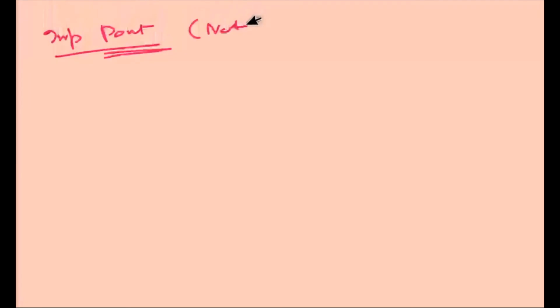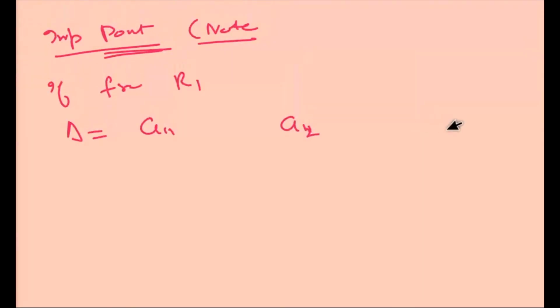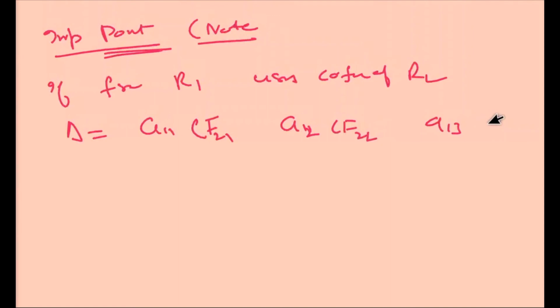So now the important point is, note this. If from R1 you are expanding to find the value of delta and you are writing the values of R1 members, and here by default you write the cofactors of another row, let us say you are using cofactors of R2, CF21, CF22, CF23, if you are using this way, then the value will always be 0.